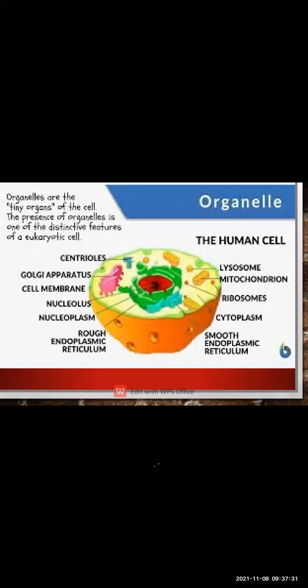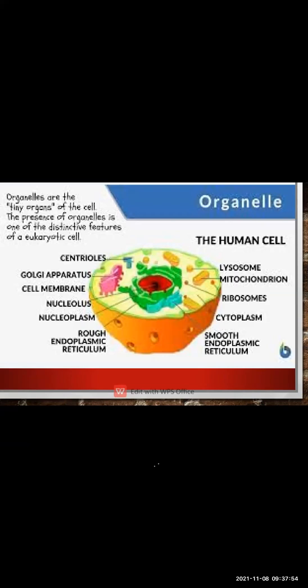Okay. So now the fourth part of the cell, that is cell organelles. Now in the cell organelles, you can see that there are many different parts such as nucleus, endoplasmic reticulum, Golgi complex, Golgi bodies, lysosomes, mitochondria, vacuoles, plastids. So all these are the different organelles that are present in a cell. Now what is an organelle?